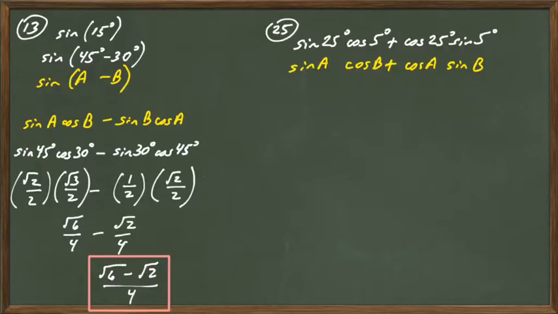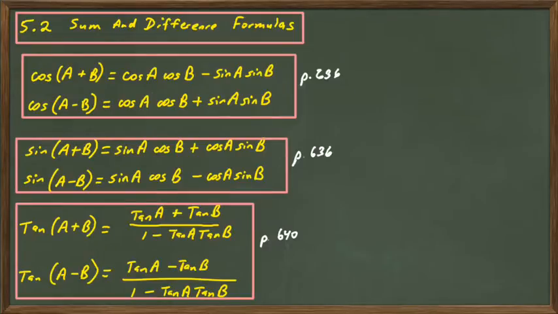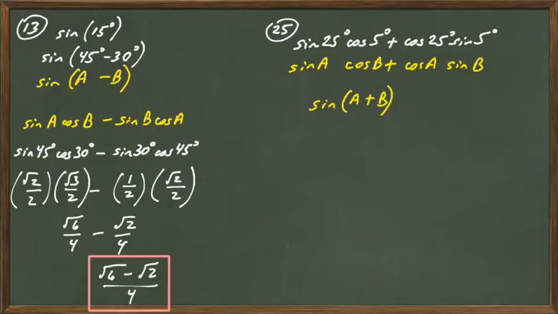Let's see if we can find the rule for this on 25. Sine then cosine, sine then cosine, I believe, makes this into a sine. And because it's a sine, I think I use the same sign, so I think it's a plus. Can anybody verify that this would be the right one? We can go back and look at them if you need to. I think I had a sine with a plus, right?